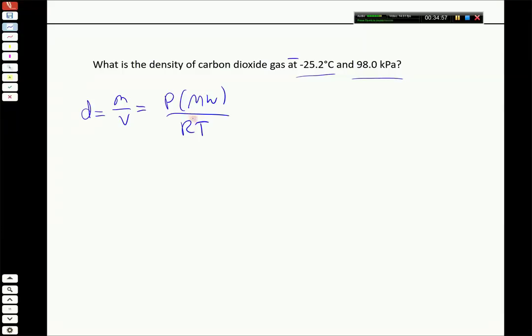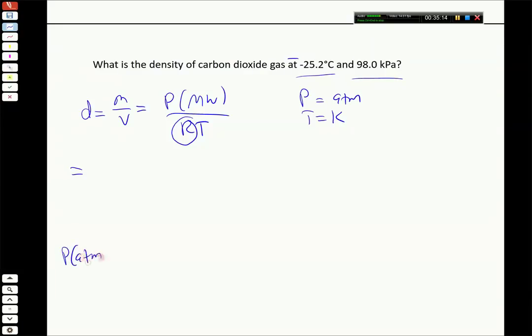Now, because we're using the value of R here, P needs to be in atmospheres, and temperature needs to be in Kelvin still. So we first have to convert our parameters to the right unit. So our pressure is 98 kilopascals.